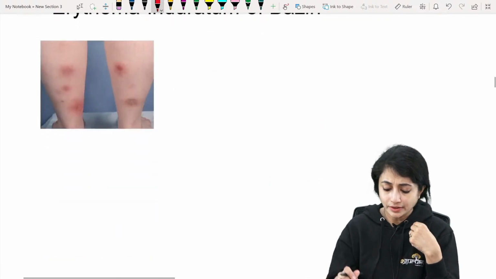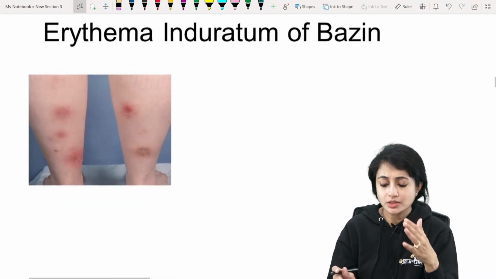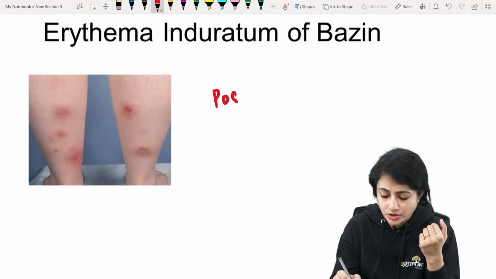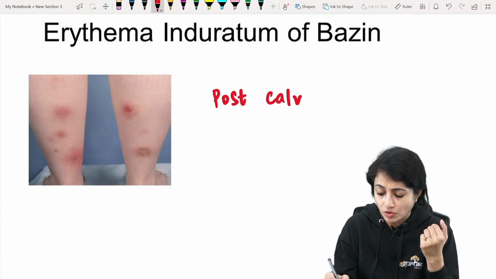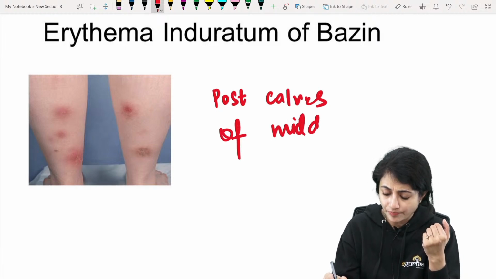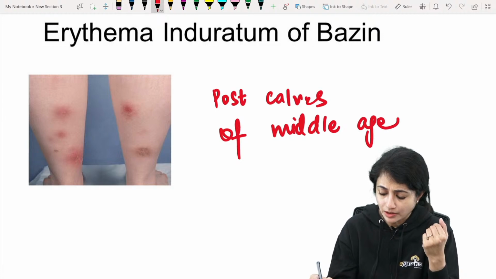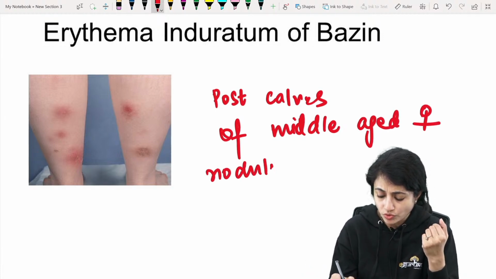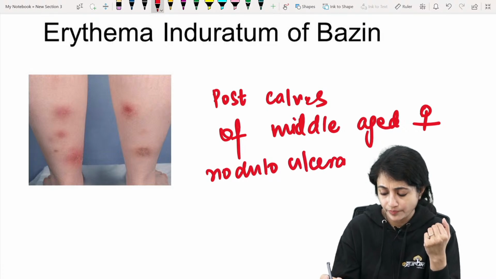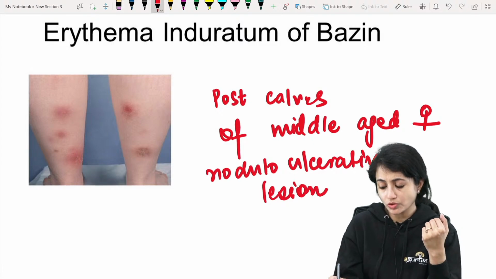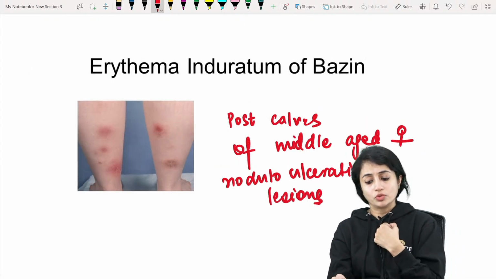Okay, and then there is a third type which is called erythema induratum of Bazin, which is seen on the posterior calves of middle-aged females, and they are mainly present as nodulo-ulcerative lesions. Okay, so these are the three main types of tuberculids that you should be knowing about.